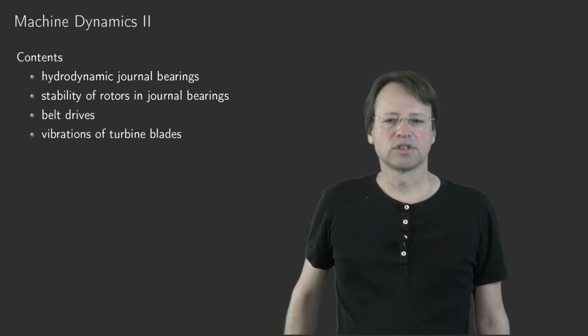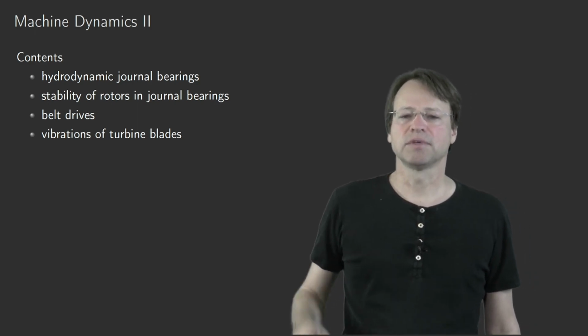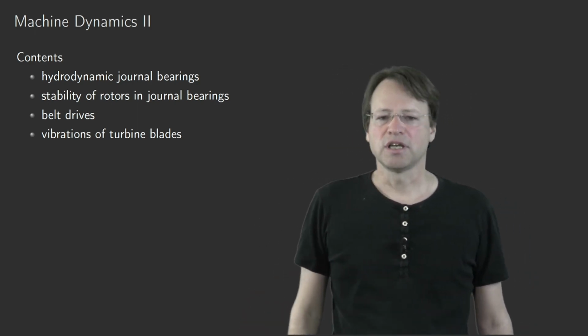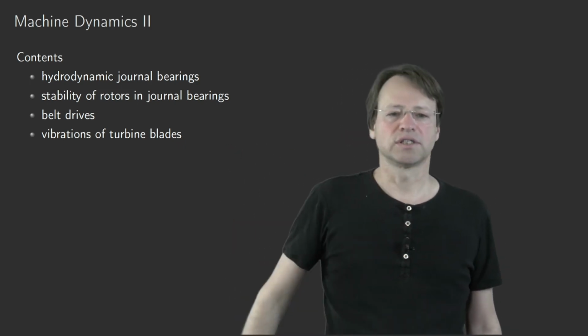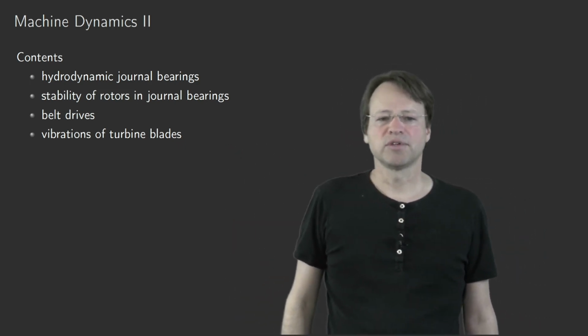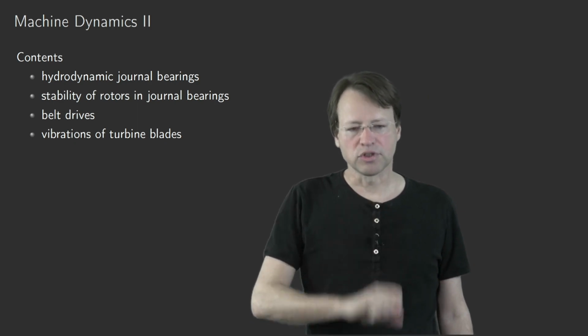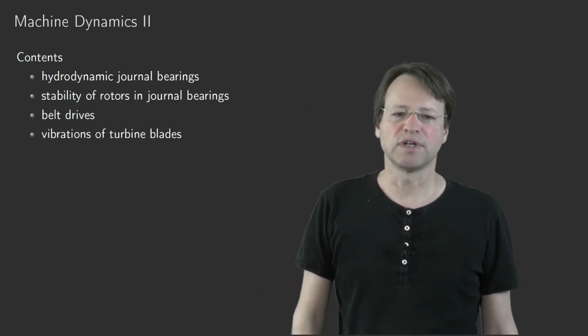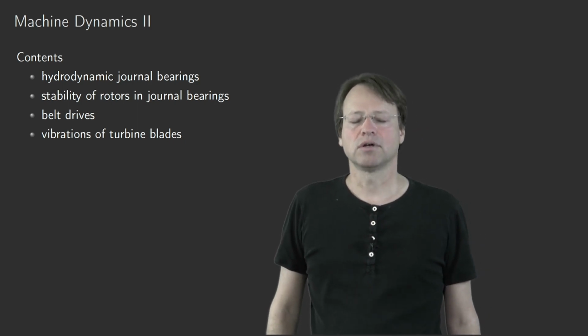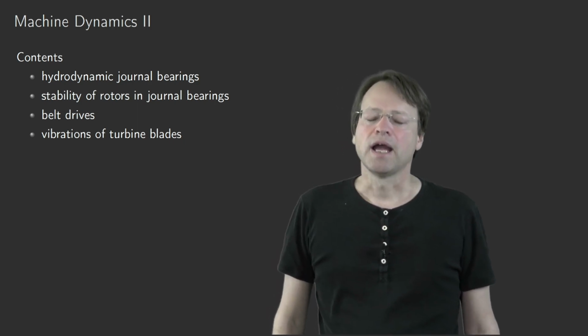There's another difference between the course in Machine Dynamics and Machine Dynamics 2. In Machine Dynamics, there is a written exam. In Machine Dynamics 2, there's an oral examination. That oral examination lasts approximately 20 to 25 minutes, or 5 minutes per credit point. That's always the general rule.